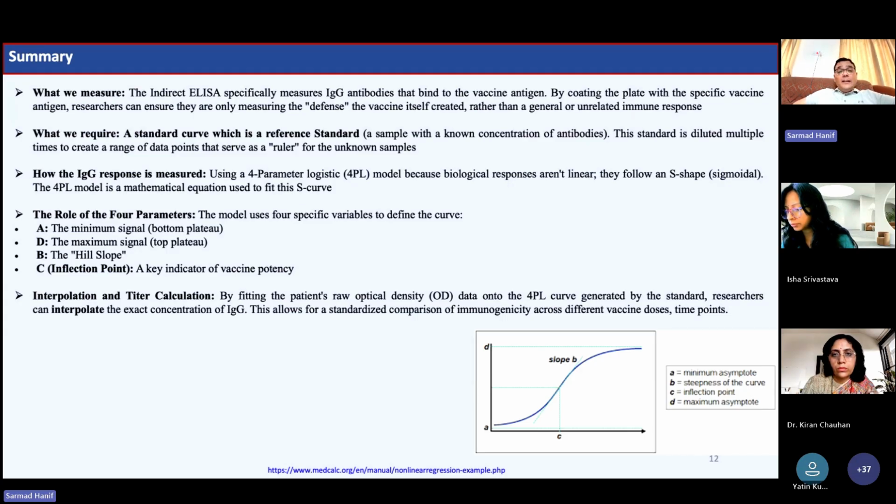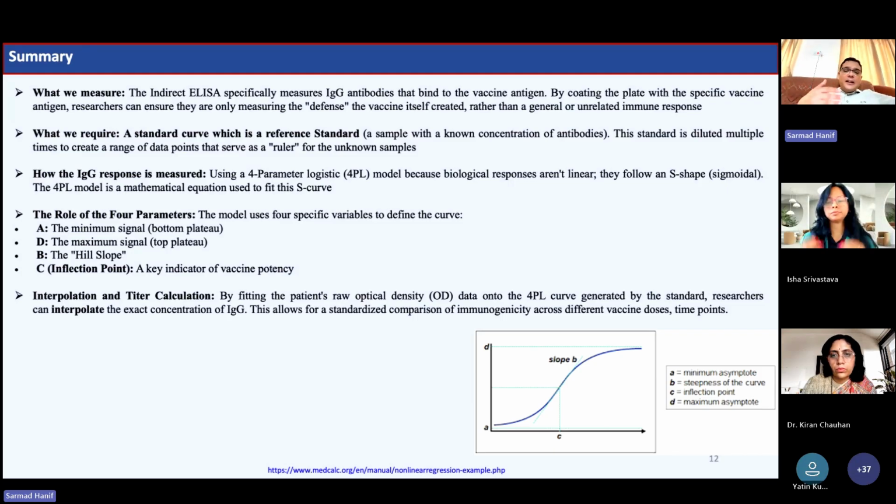Please keep in mind that IgG antibodies are persistent antibodies, and we are measuring IgG antibodies for Hib. We can measure IgA, mucosal, or IgM also through ELISA, but here, where the example is Haemophilus influenzae type B, we have measured IgG antibodies.